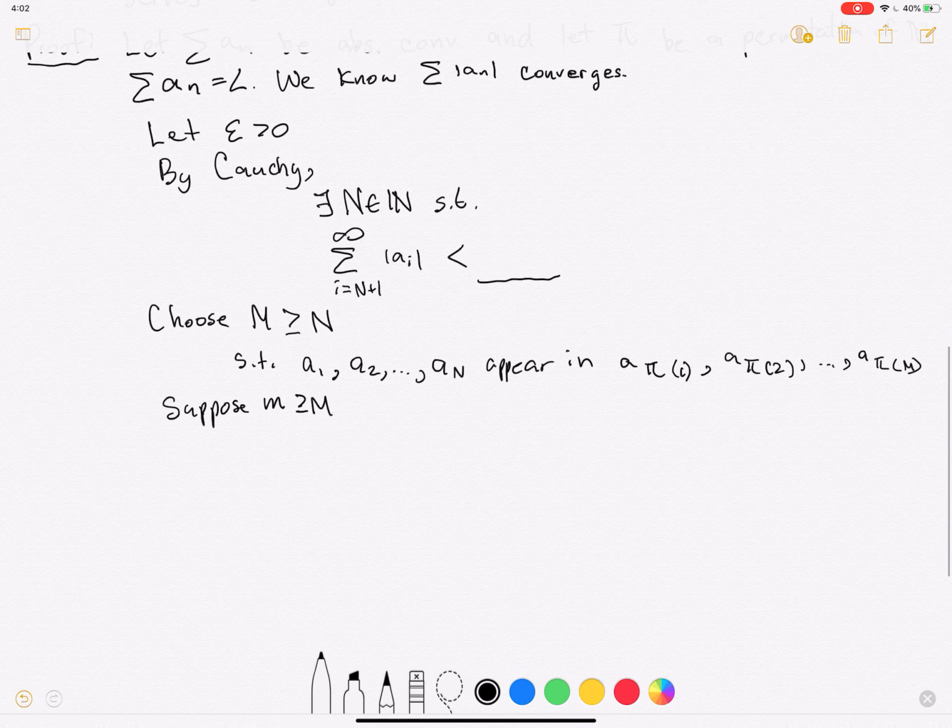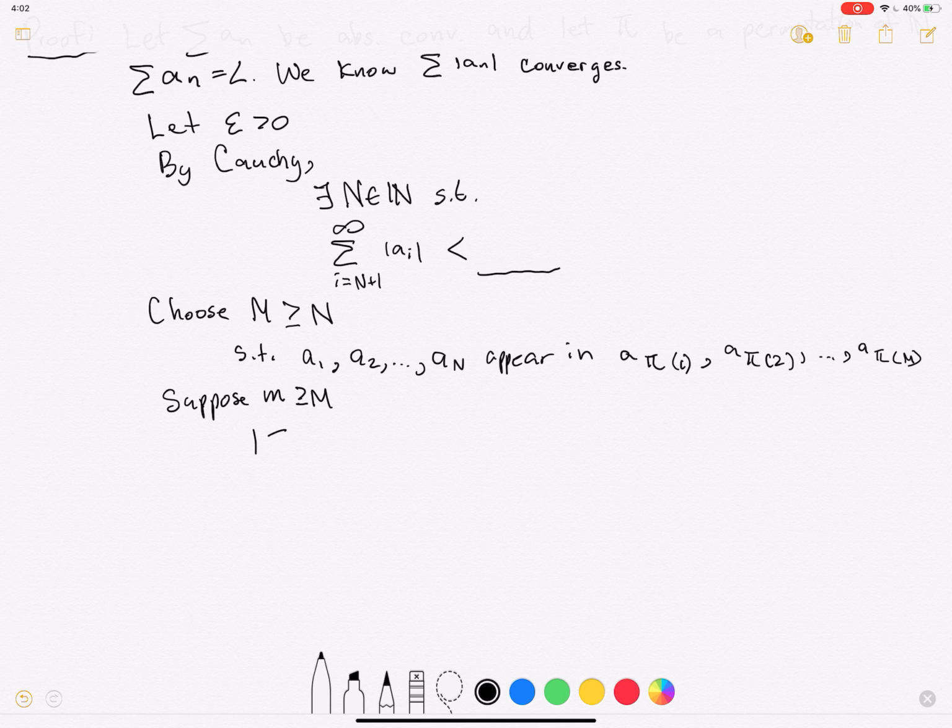If you take the sum from i equals 1 to M of the rearrangement and subtract off the limit, that's less than or equal to the sum from i equals 1 to M of a_pi(i) minus the sum from i equals 1 to n of a_i, plus the sum from i equals 1 to n of a_i minus L, absolute value.